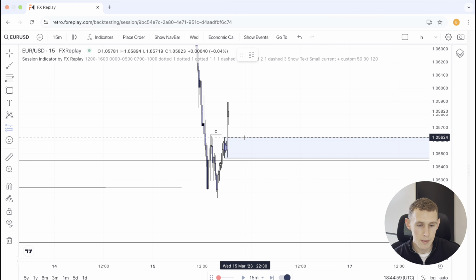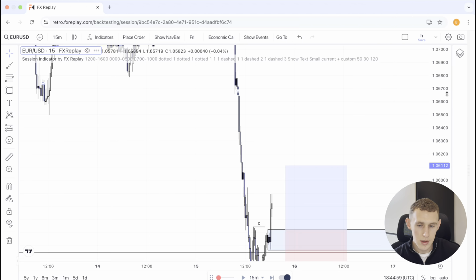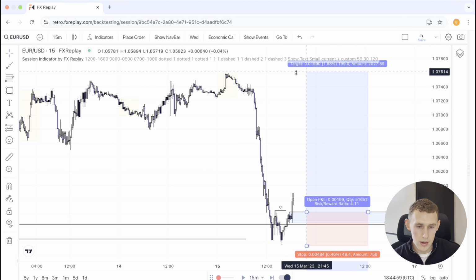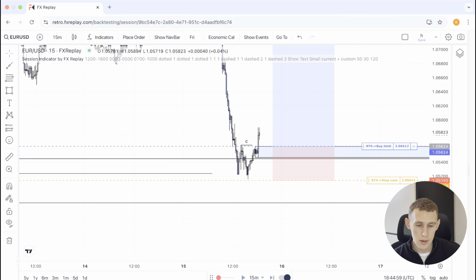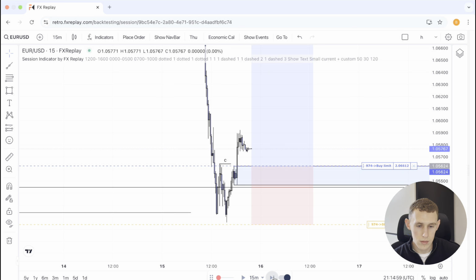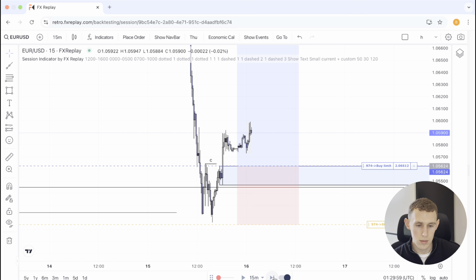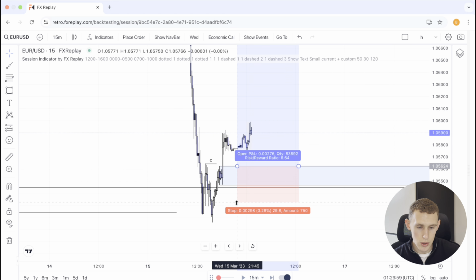I'm just going to set a limit, have stops slightly below the low, and for this one I'm going to go for a current high up here for around a 1 to 4. I'm actually going to make this stop slightly smaller.